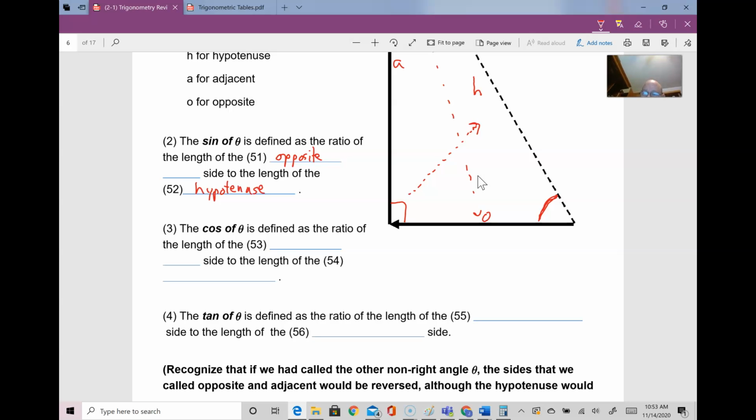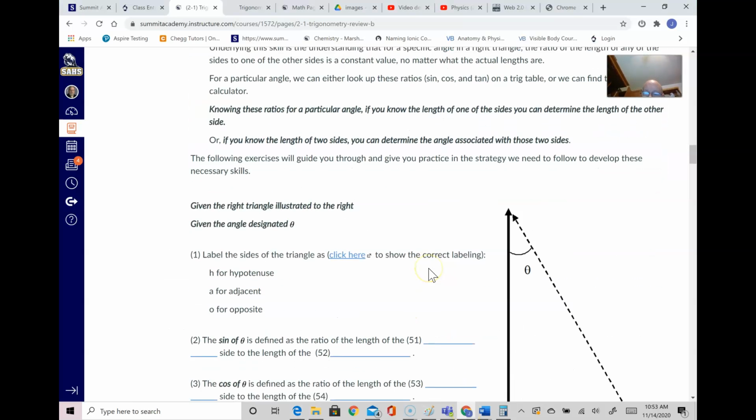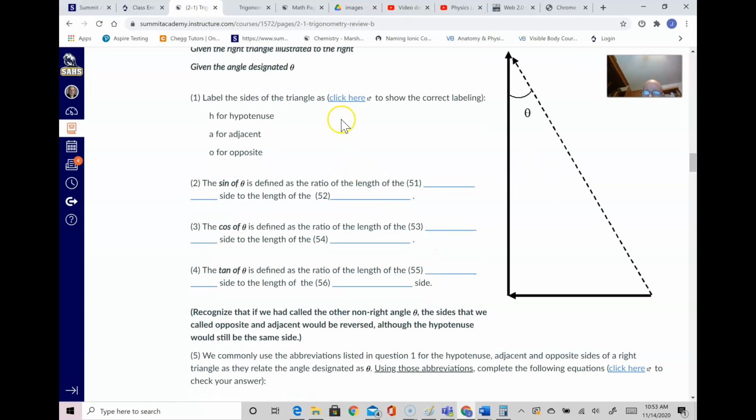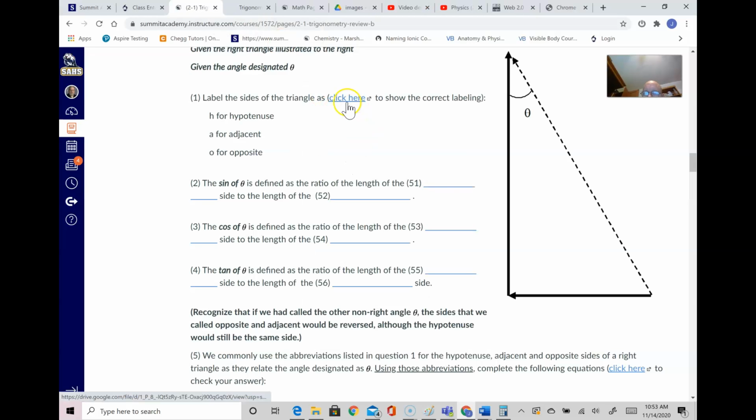Okay? And hopefully you remember in our class notes, one thing I can do here is show you what the correct labeling is. So I've got that diagram there showing it to you. If I click on that, and when I have blanks that are blue lines in the class notes, if you hover over them, they'll show you the answer.